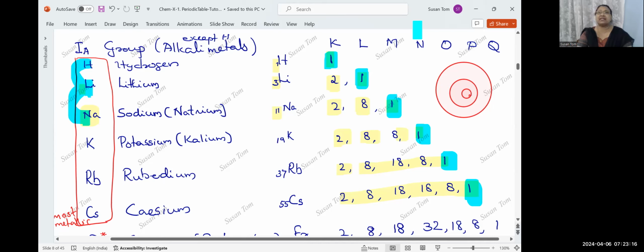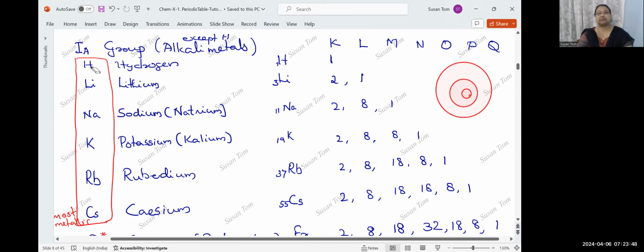So write the electronic configuration this way. Elements and their electronic configuration, please. As I said, francium is not to be written till CCM.